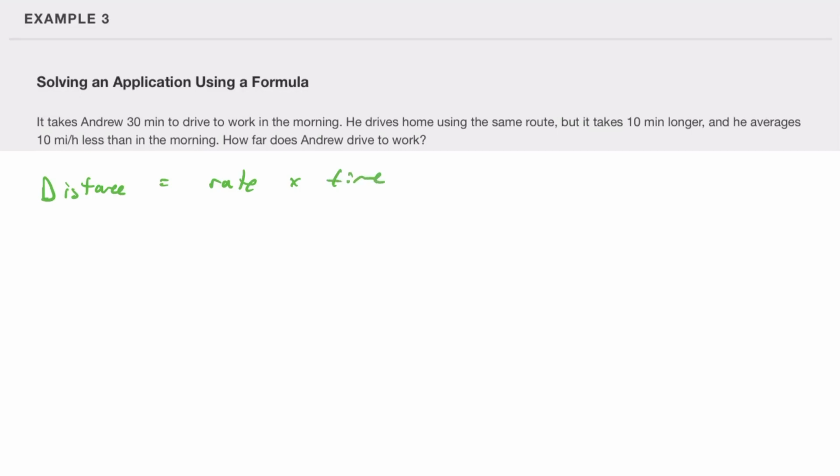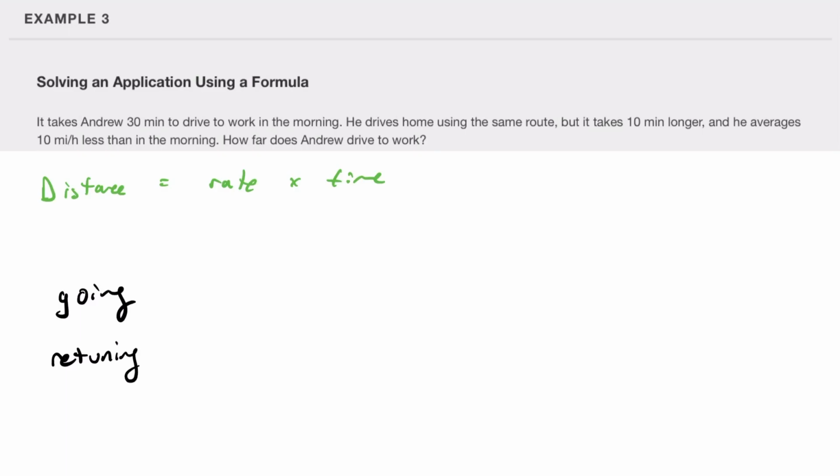Okay. So what I'm going to do is make a chart. Let's say going to work, or we could say the morning versus the evening, or going to work versus returning home.